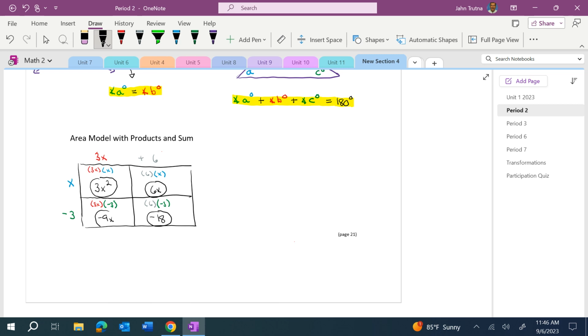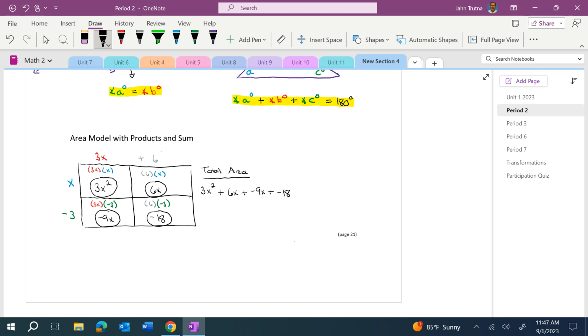So that means that my total area would be all 4 rectangles' areas added up. So in other words, the 3x squared added with the 6x added with the negative 9x added with the negative 18.